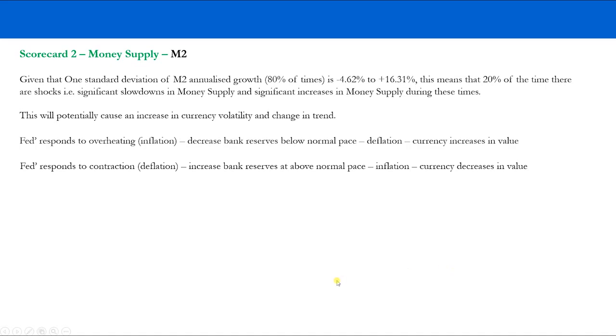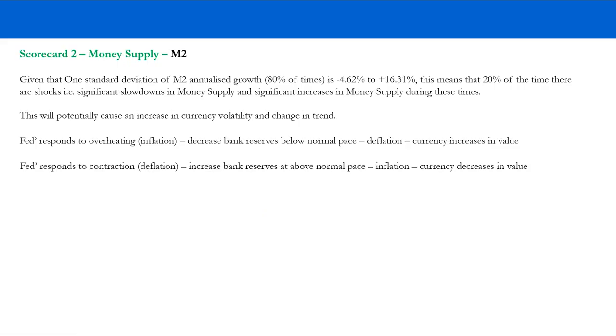Now, given that 1 standard deviation of M2 annualized growth, so 80% of the times, is falling within these bounds, this basically means that 20% of the time there are what we can call shocks, and they're shocks because they're in the minority of cases. So this is going to be constituting a significant slowdown in money supply or a significant increase in money supply.